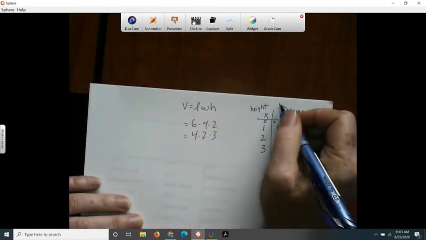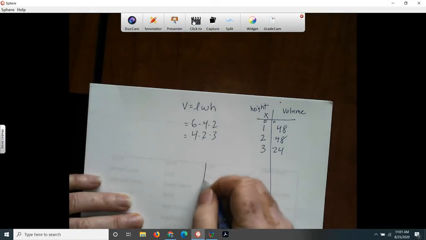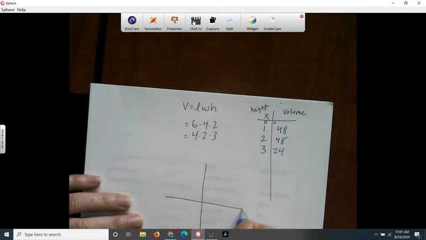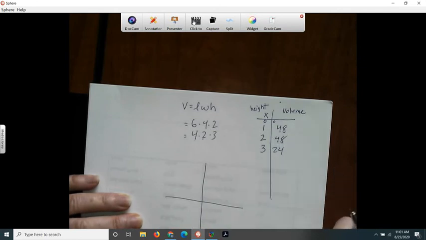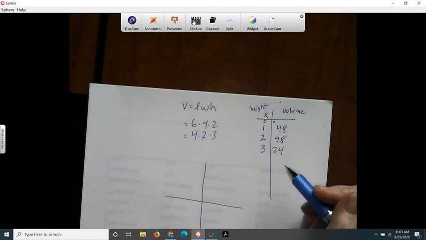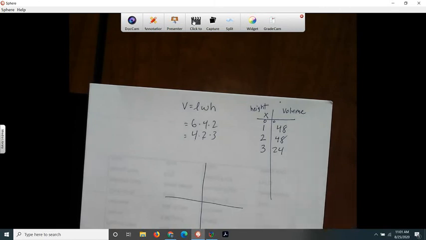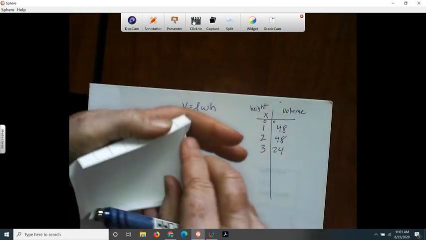Just graph these 1, 2, 3, 4 points. And then a table, a graph, you don't have an equation. We do have a situation. The situation is that we're trying to make a rectangular box because maybe we want to ship something in it. Okay, so I'll end it there and then we'll let you guys take over.